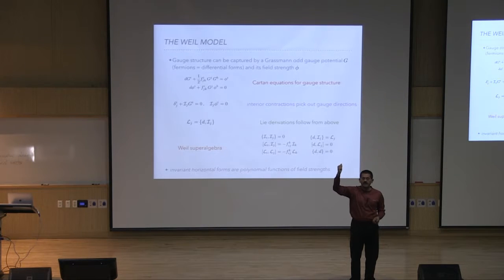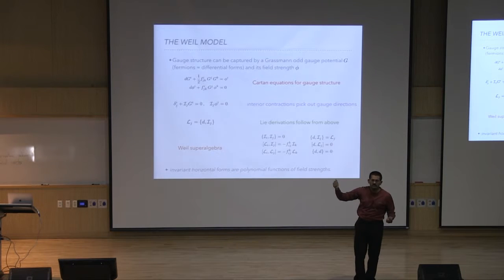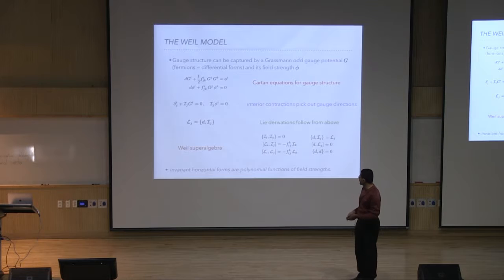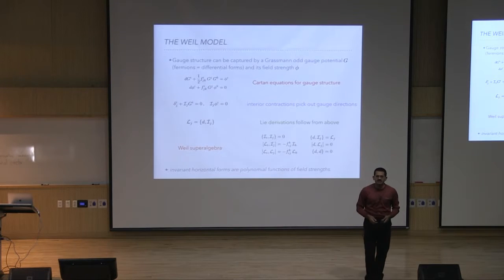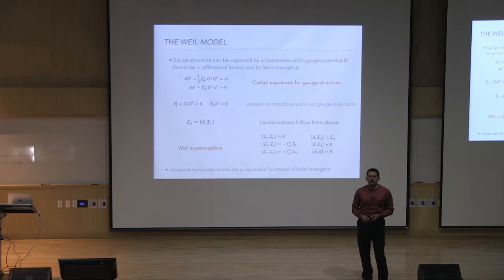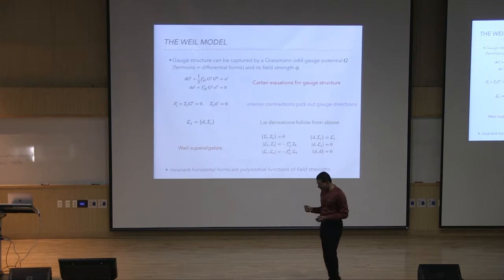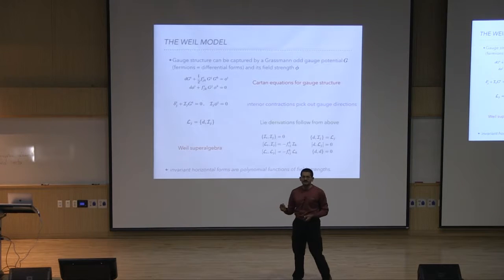You can compute the anti-commutator, and what I learned in kindergarten, what some people call Cartan's magic identity, simply says that you get the Lie derivative when you anti-commute the exterior and the interior contractions.